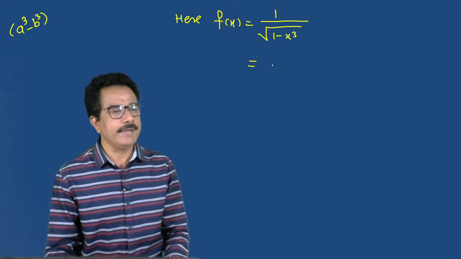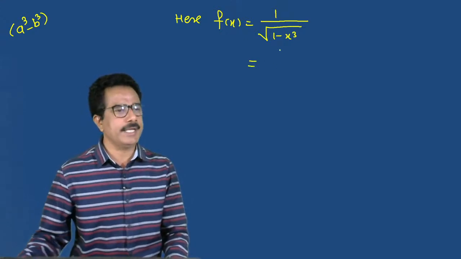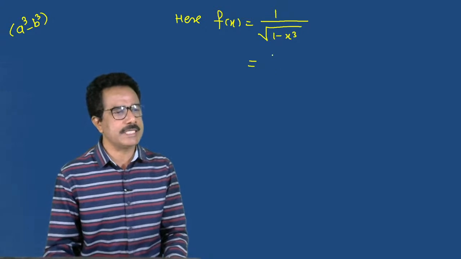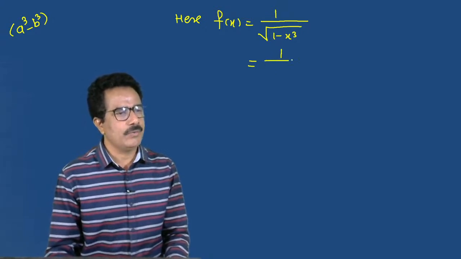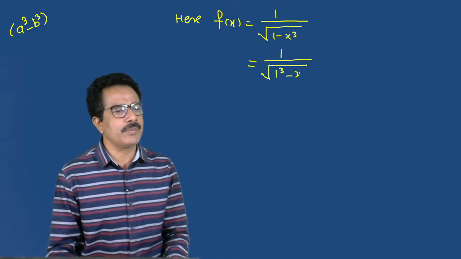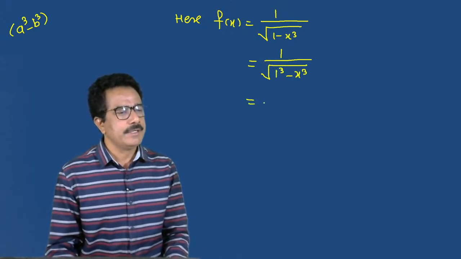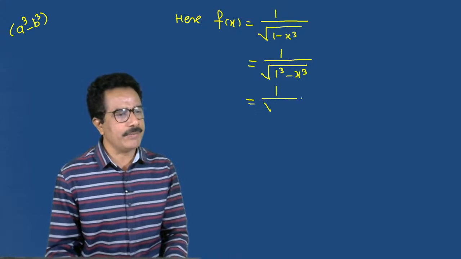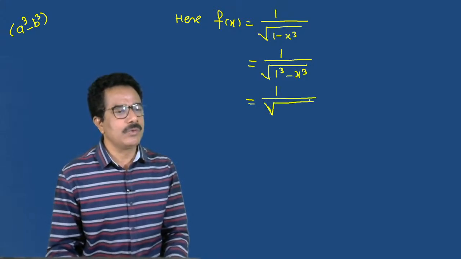Write it fast. 1 we can write as 1 cube minus x cube, so it is 1 divided by root of 1 cube minus x cube.